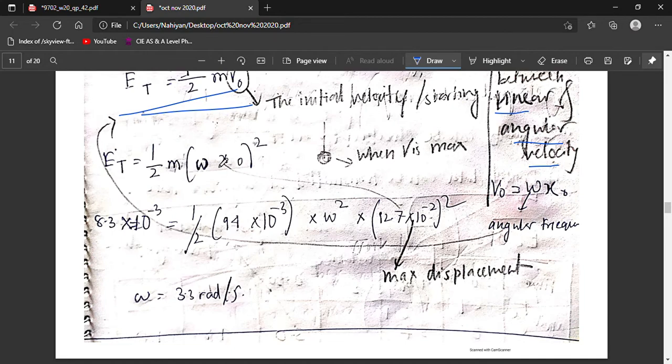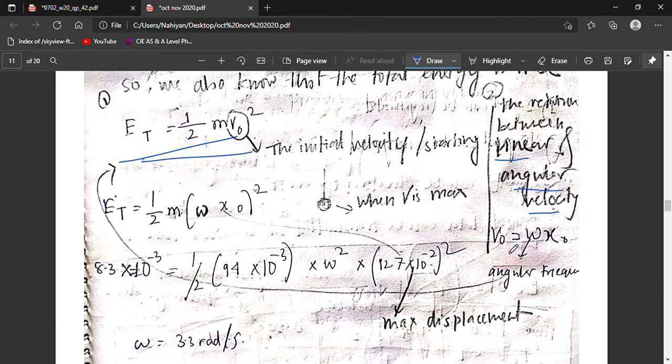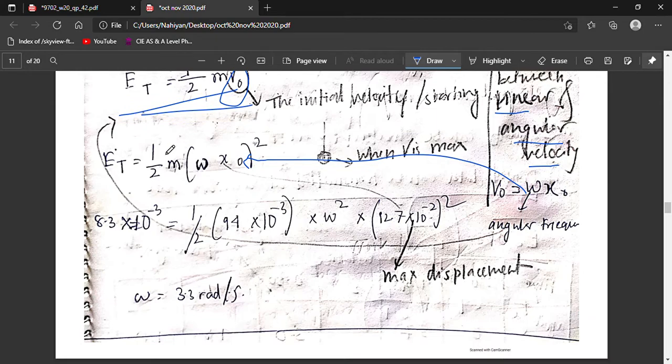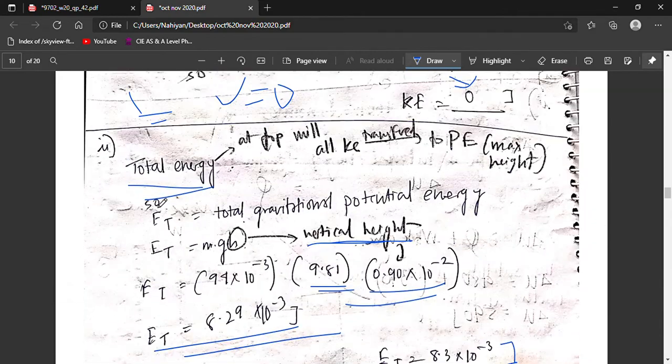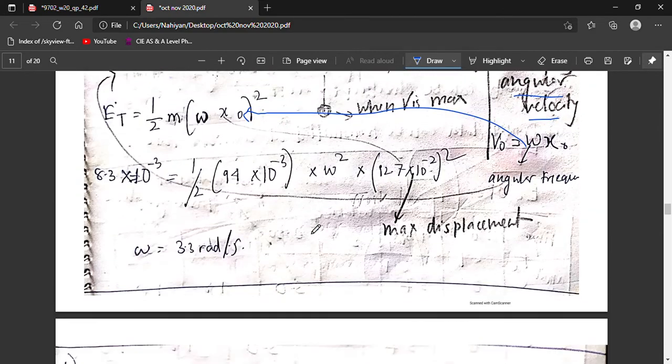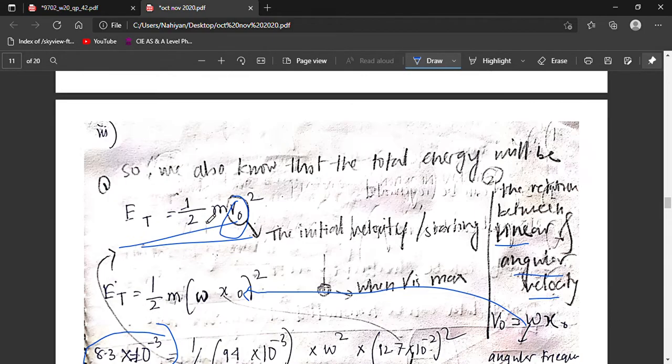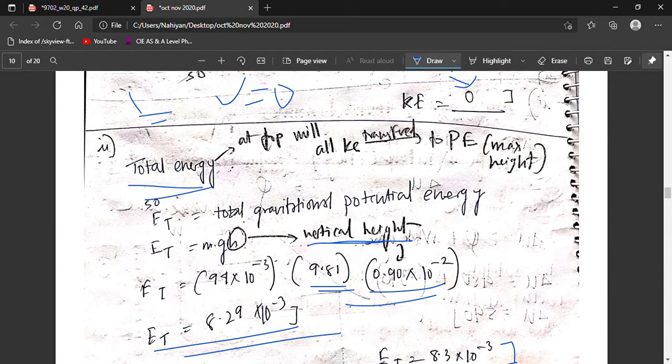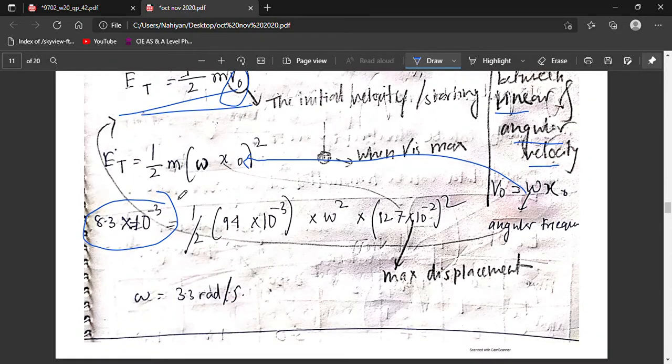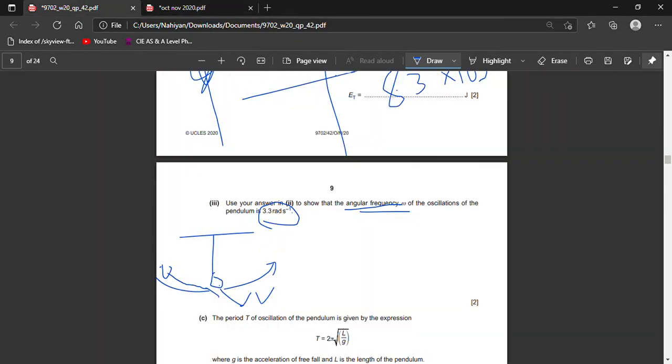If you substitute it over the v, it goes as this. We found the total energy as this, and the total energy can be found in both ways, in terms of gravitational potential energy, and also in terms of the maximum kinetic energy.